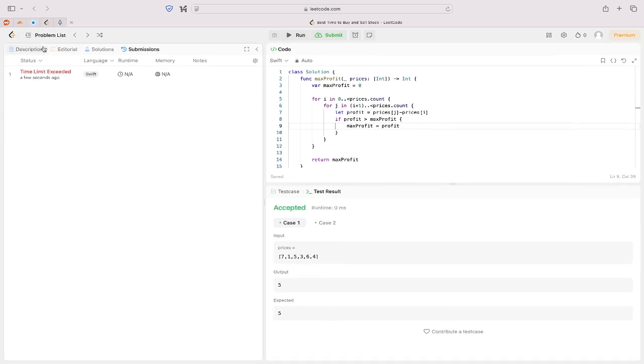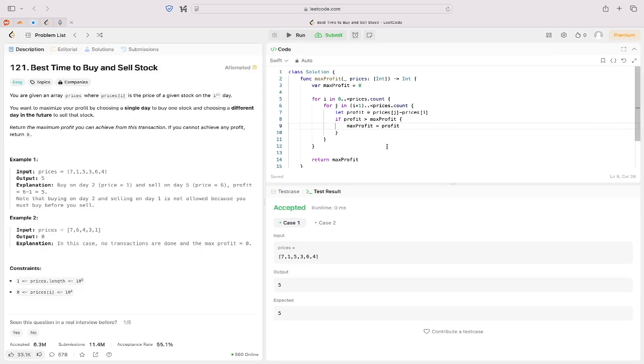The first thing we can probably do is get rid of the two loops inside of each other. It always makes it take longer. How do we do that?